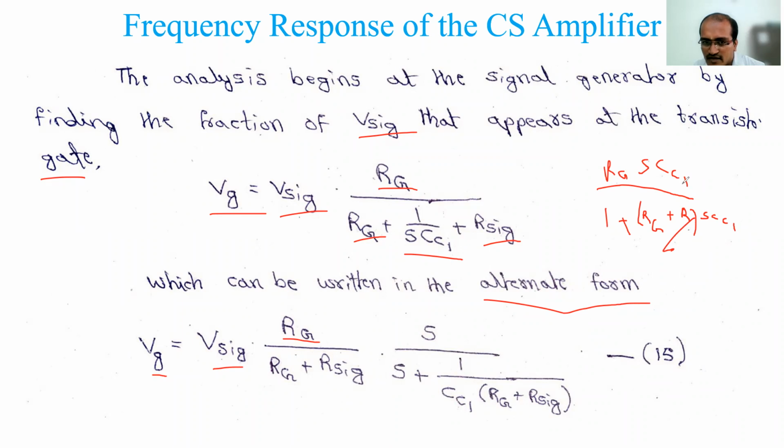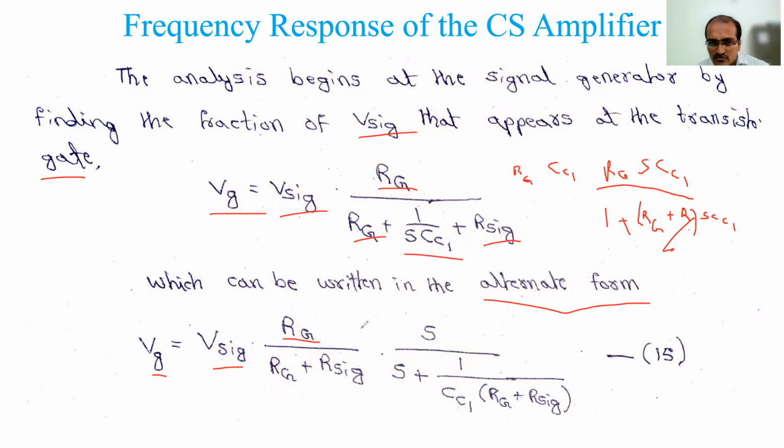So when you do that, it will come as 1 by CC1 into RG plus, and the complete denominator is divided by CC1 into RG plus R signal. Both numerator and denominator I have divided by that. That step I have not shown. RG plus R signal into CC1.